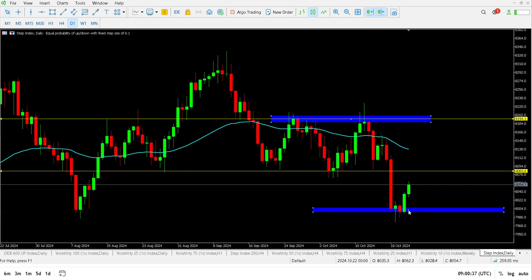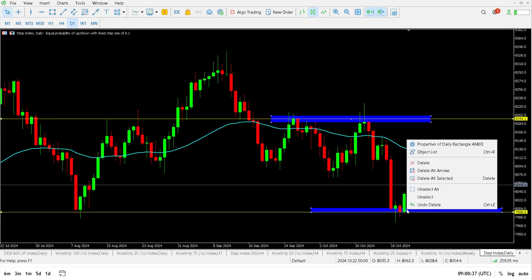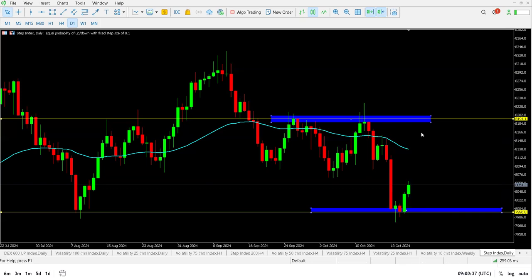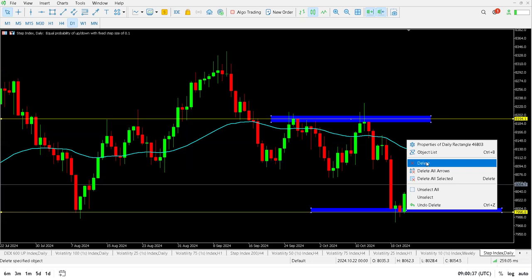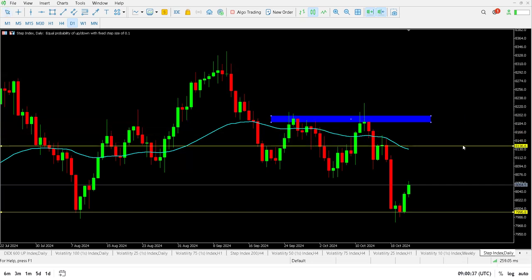So we have this being the current lower low right about here, clearly stating that the market structure as seen right here on the daily time frame is bearish. And then we have this being the swing high, the lower high that led to the lower lows right about here.